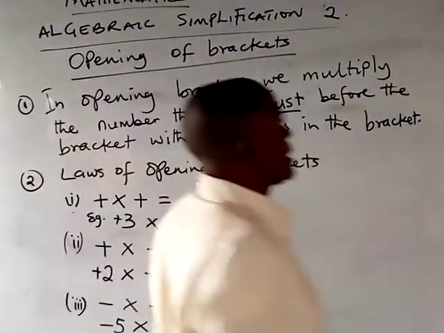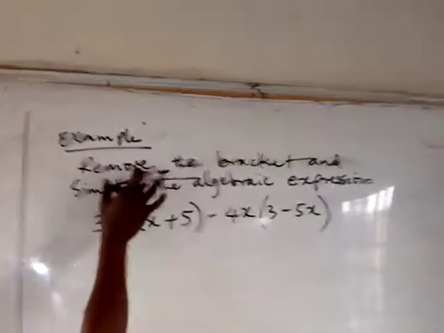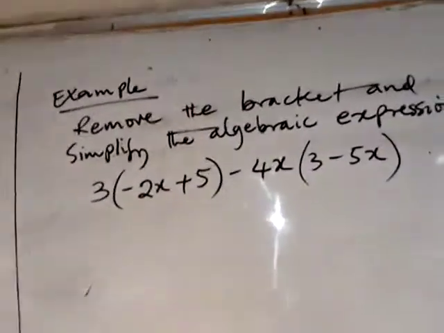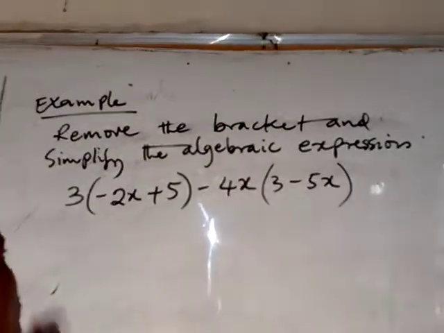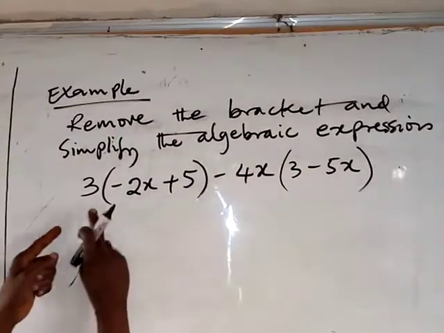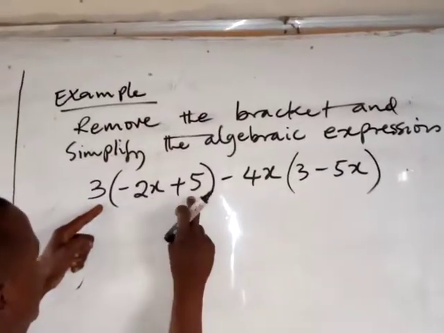Now, I want to solve an example so that you can justify the application of these two laws. The instruction says, remove the bracket and simplify the algebraic expression. Fine. Now, first law, in opening a bracket, we multiply the number that is just before the bracket with the terms in the bracket.